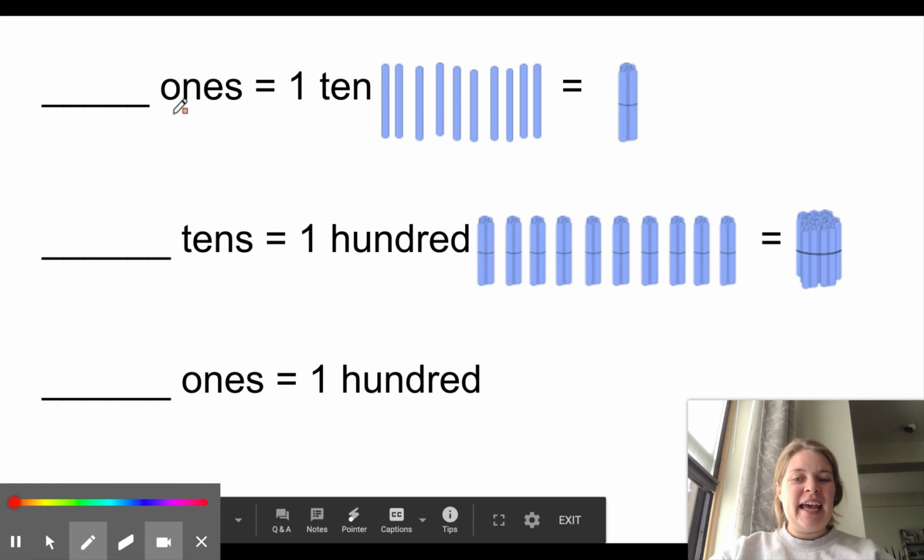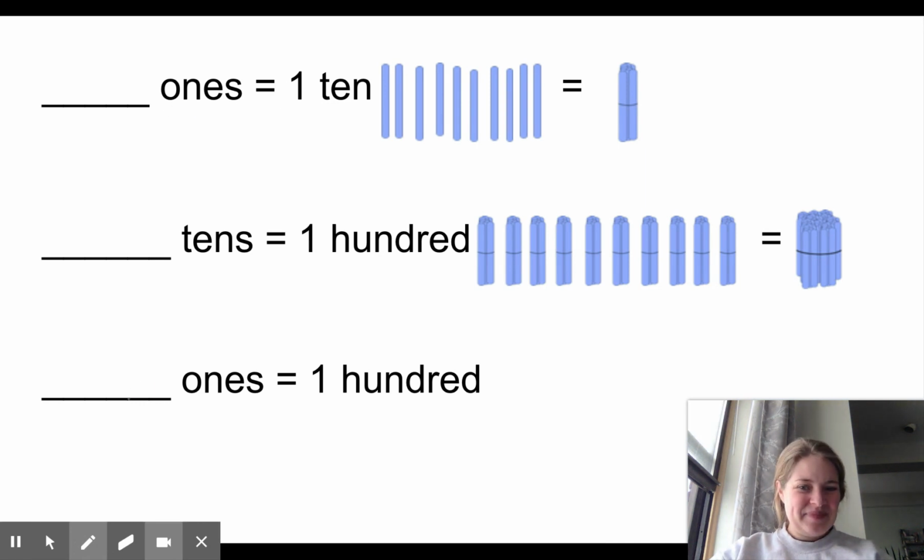How many ones equals 10? 10 ones equals 10. We know that if we count 1, 2, 3, 4, 5, 6, 7, 8, 9, 10, we get a 10, and we can bundle it up.